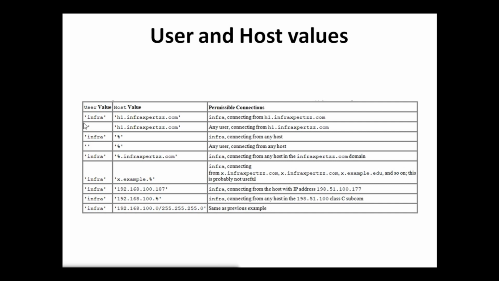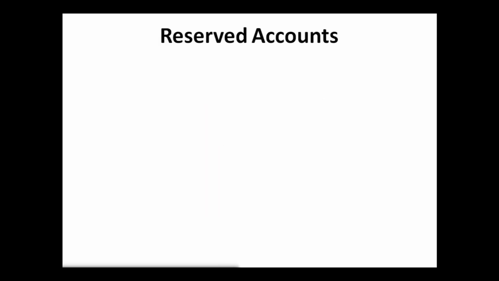In here, if nothing is specified between the quotes, it means that a user from this host, h1.infraexperts.com, can connect. Similarly, since within the single quotes nothing is mentioned, any user from any host can connect for this. I hope you understood what I'm trying to explain in here. So let us proceed with the next.